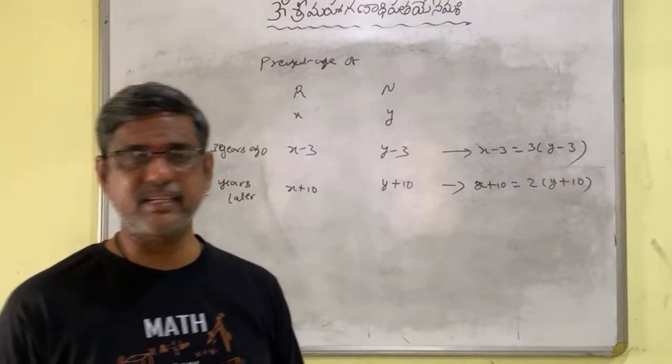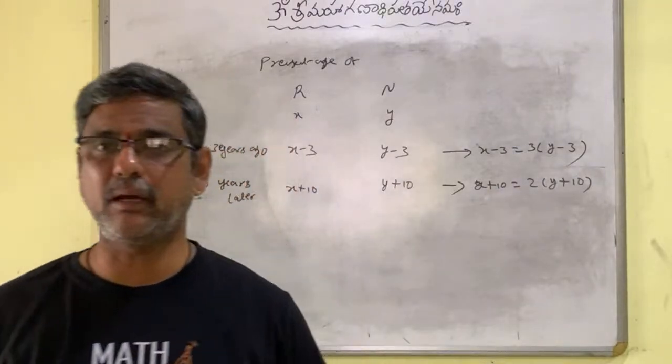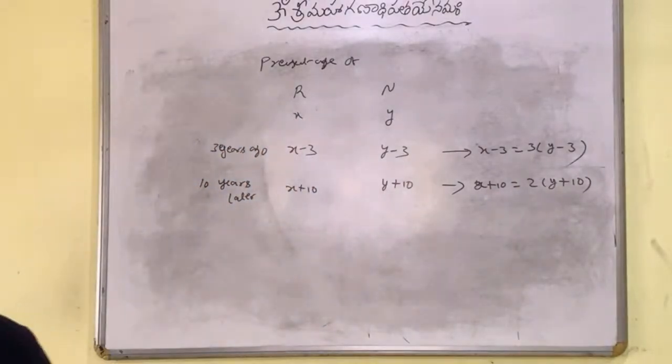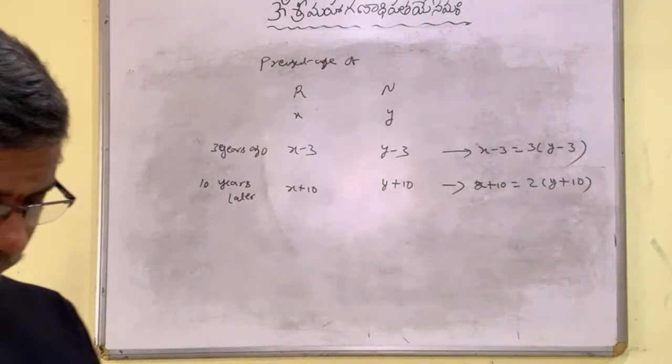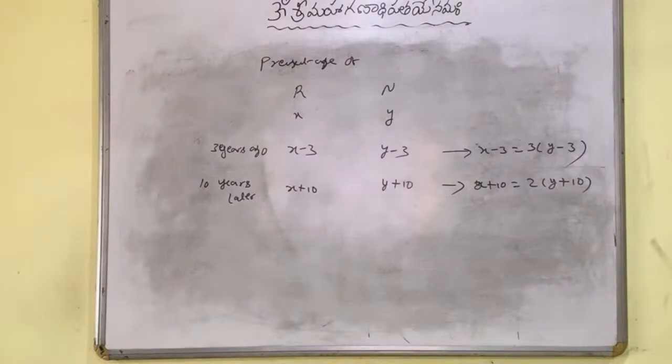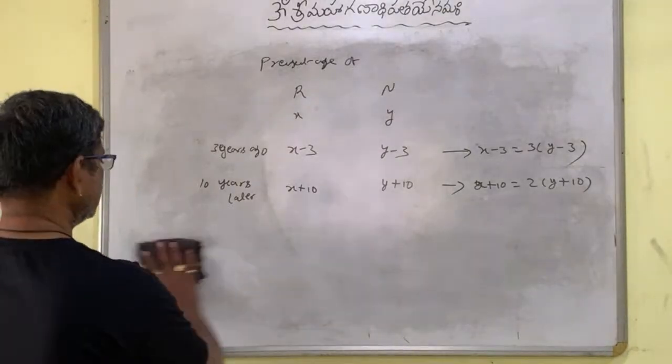And 10 years later, Rashmi will be twice as old as Nazma. So present ages. Simplify and tell me the answer.